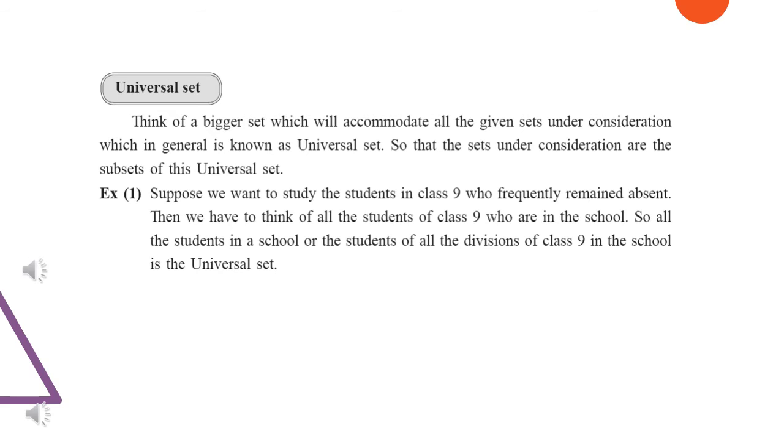So all the students of all the divisions of 9th standard in our school is the universal set. From them we are going to select the students who remain absent frequently. So this group of students who remain absent frequently will be the subset of the total number of students of 9th standard in my school. Understanding? Okay, we move further.